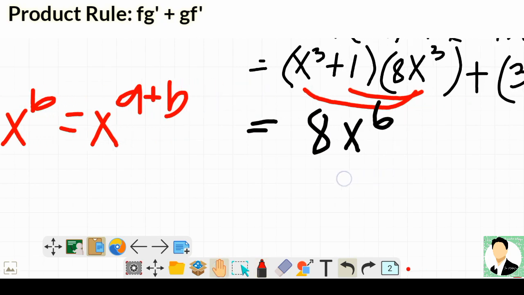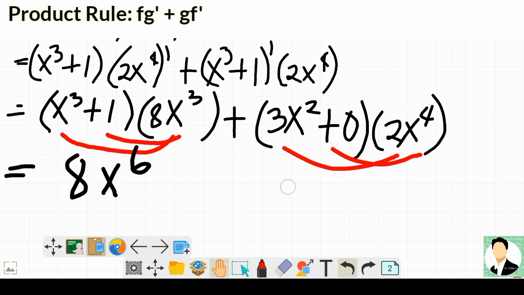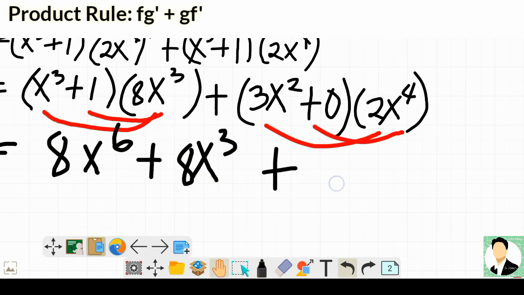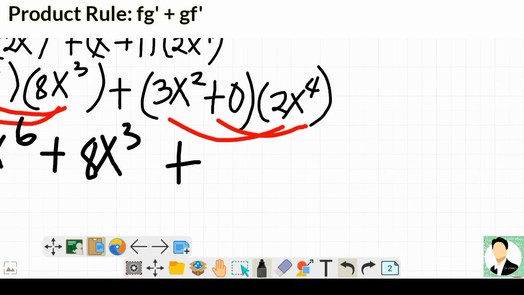So, idinadagdag lang natin yung exponent natin, which is yung 3 plus 3. And then next is 1 times 8x cubed is positive 8x cubed. Then plus 3x raised to 2 times 2x raised to 4 is 3 times 2 is 6 and x, so 2 plus 4 is 6.